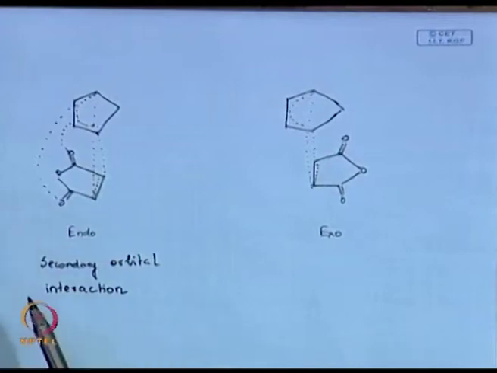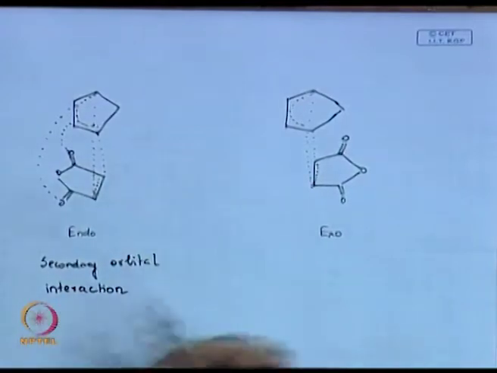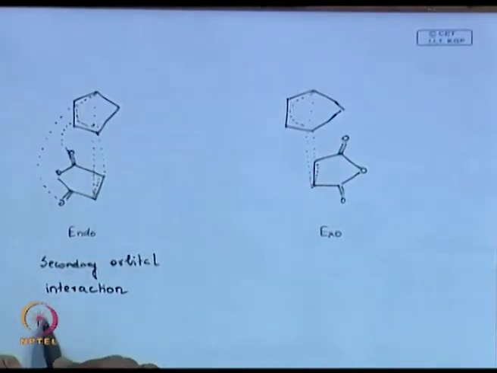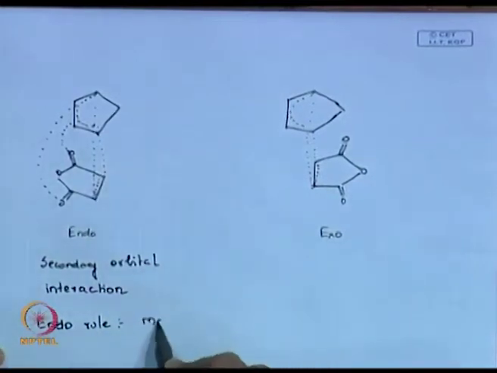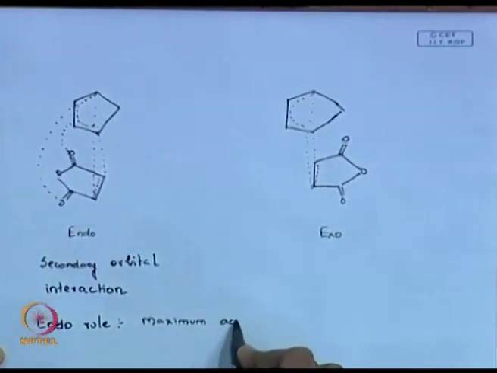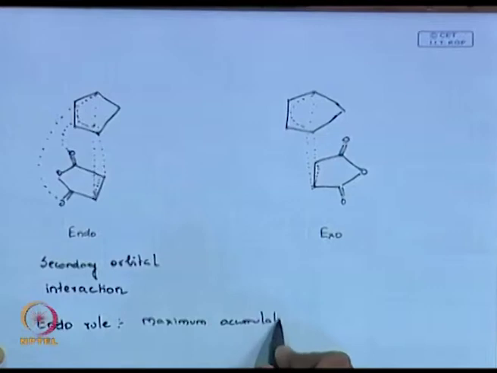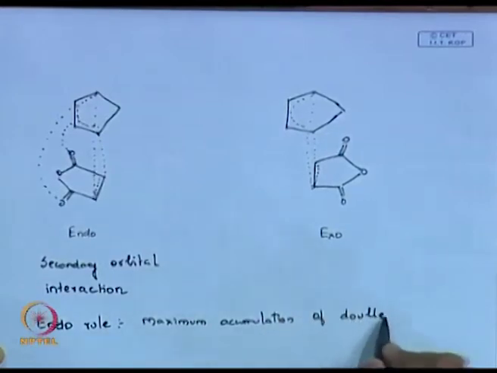You call this the Endo Rule also. What the Endo Rule says is maximum accumulation of double bonds on one side. Alright, it is nothing but maximum accumulation of double bonds.